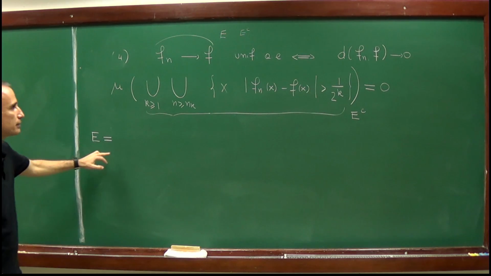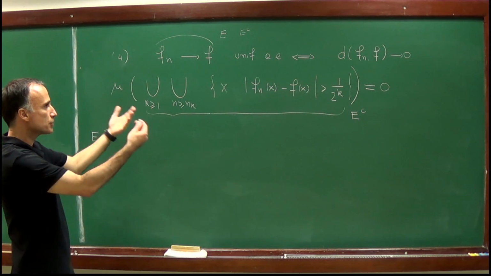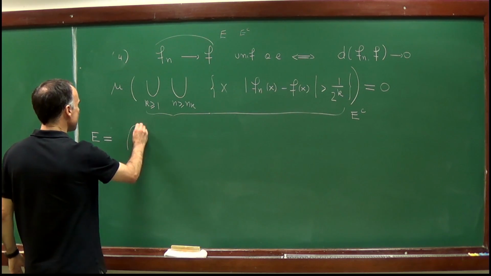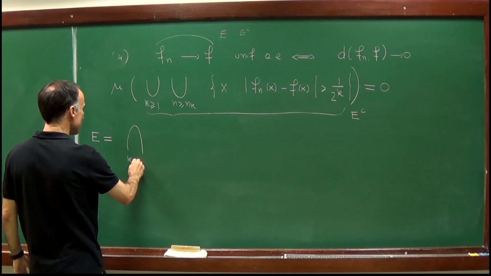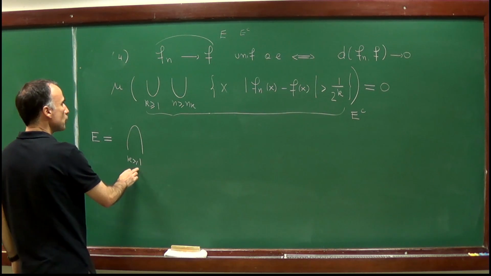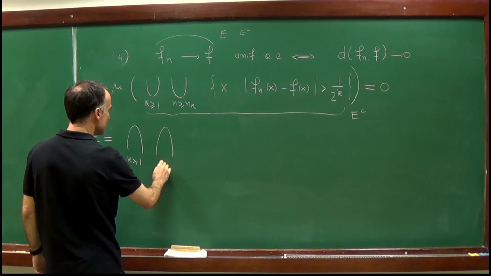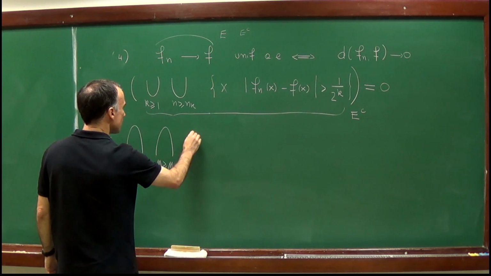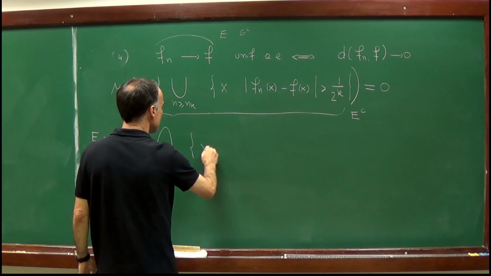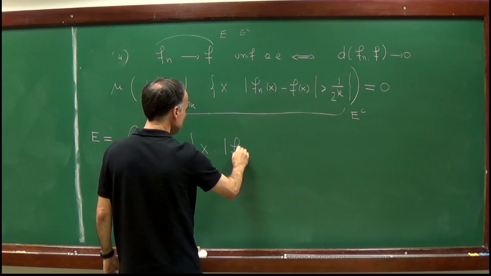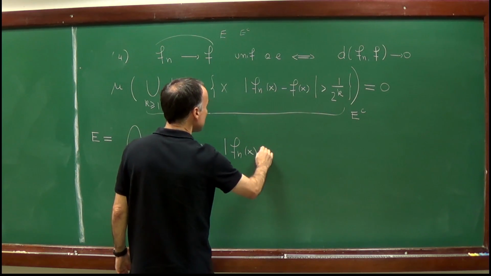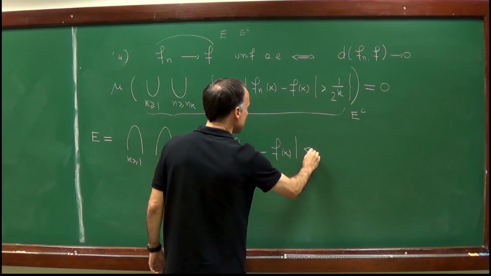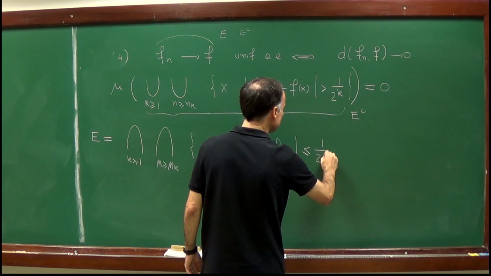So what is the set E? Here's E complement, so I just need to take the complement of this set, and when I take the complement of this set, I get the intersection over all k, the intersection over all n larger than nk, of the complement of this set, but the complement of this set is the set of points x such that Fn(x) minus f(x) is less or equal than 1 over 2k.